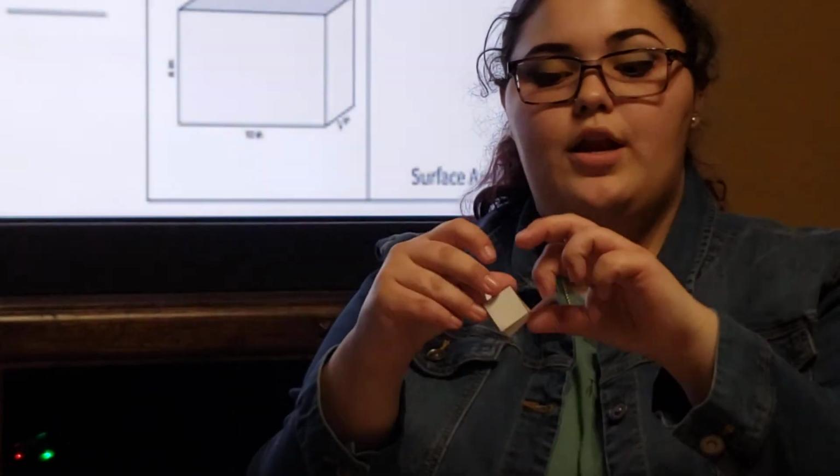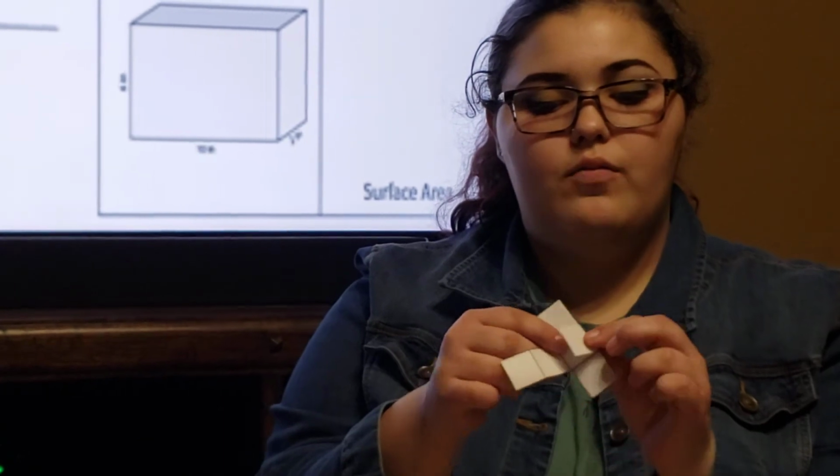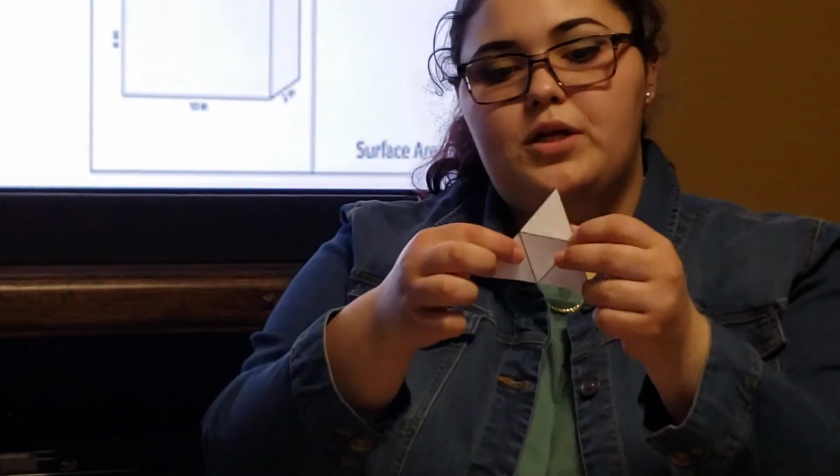These nets are an awesome way for students to be able to physically see the shapes form into those 3D shapes from these 2D squares, or see this pyramid form from a bunch of triangles into the pyramid itself.